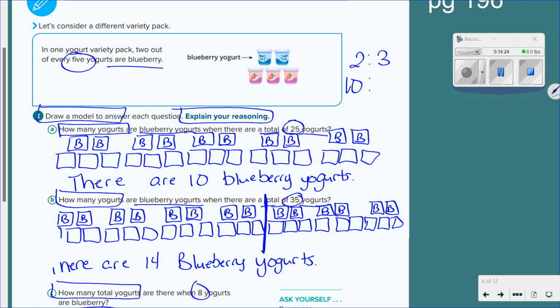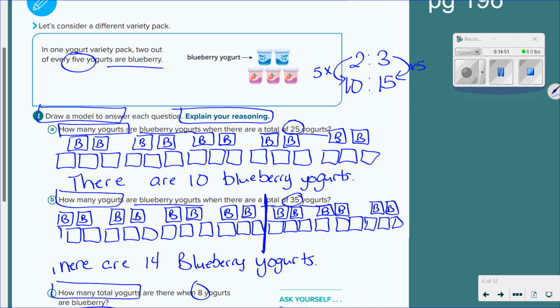And how many other flavors? How many? 15. So what do I multiply 2 by to get to 10? 5. And 3 times 5 is? So it is an equivalent ratio because we multiplied both numbers by the same number. It is the same thing as making an equivalent fraction. Does that make sense? Good.